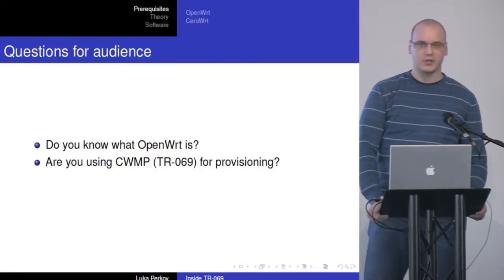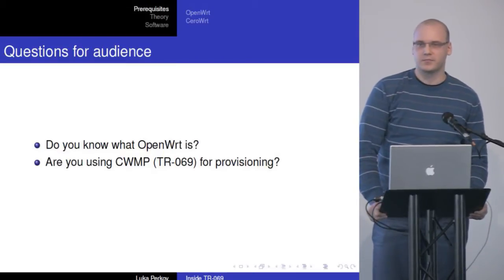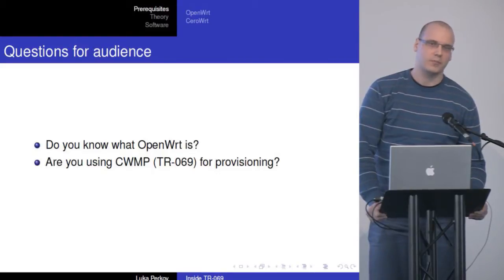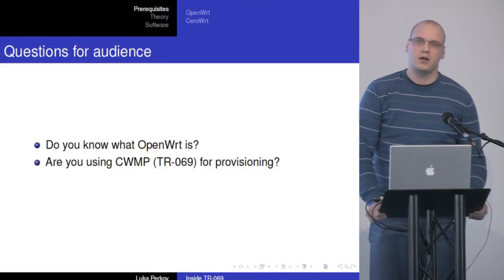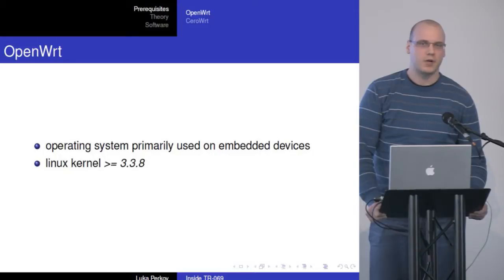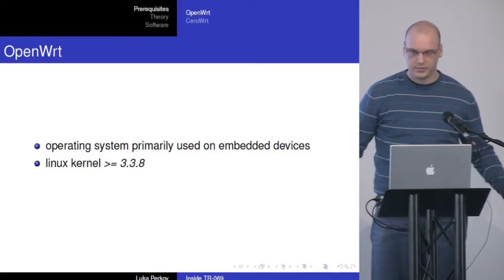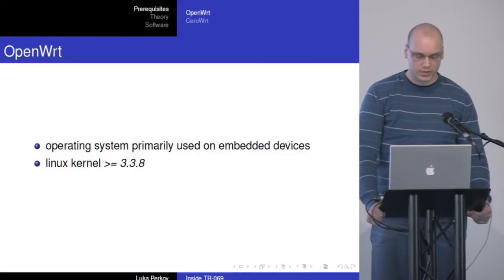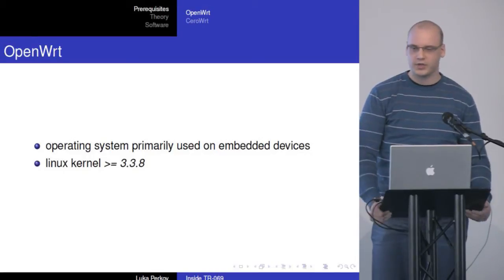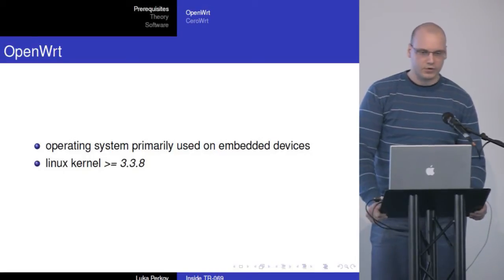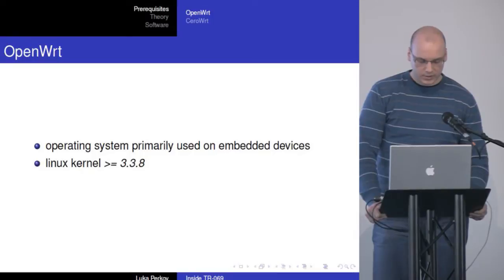OpenWRT is a Linux distribution for embedded devices. We support a bunch of different chips, a bunch of different boards. It's an open source project. You can build your bootloaders, toolchains, packages, whatever you find interesting with it.